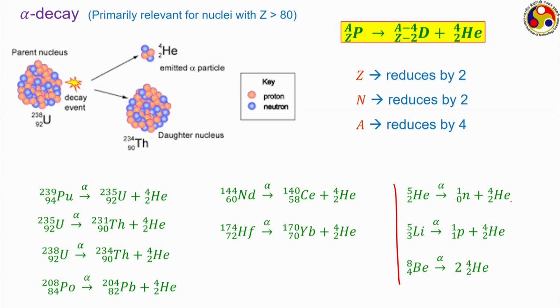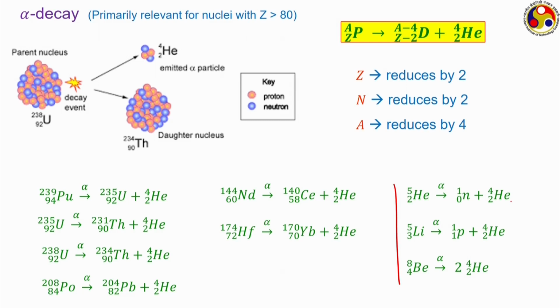We can either call this an alpha decay, or we can also call this a release of a neutron. Lithium 3Li5 is again going through a process where we are getting a proton and a helium. So, it can also be talked about either as an alpha decay or a proton separation. And the last one is a very interesting example of 4Be8. Here beryllium is going through an alpha decay process to produce not one, but 2 alpha particles, that is 2 helium isotopes.